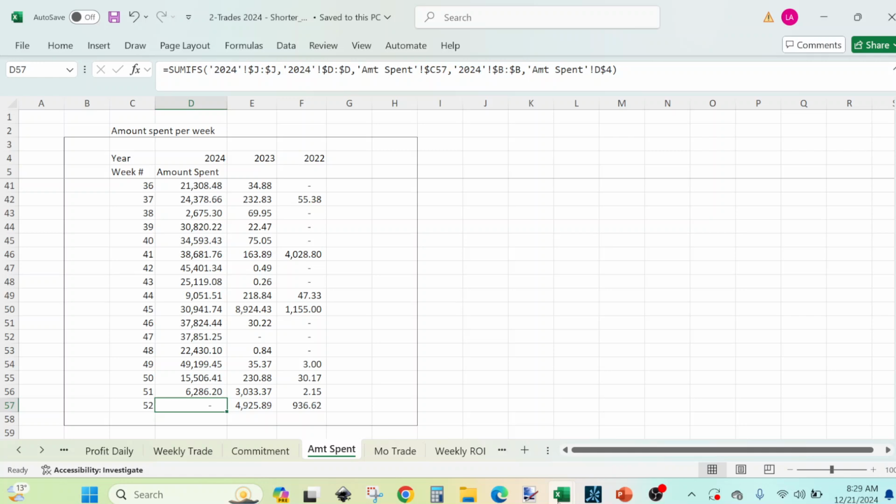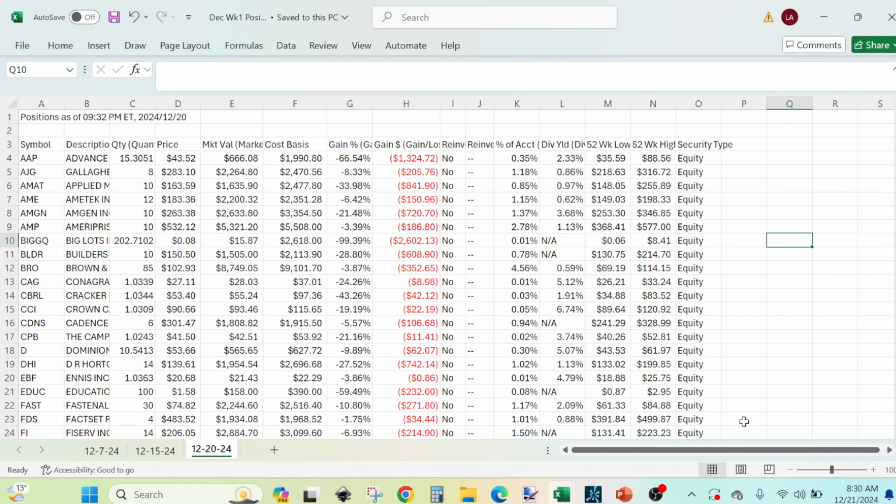Now we are going to go to our account position. For our account position, this one will just show you the stocks you purchased that you have in your portfolio, the quantity you purchased, the price, the market value.